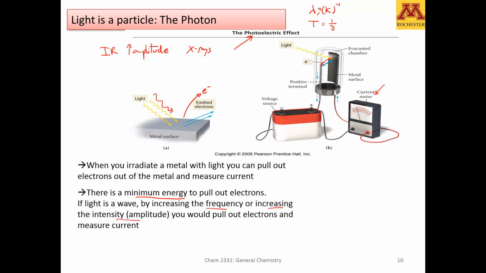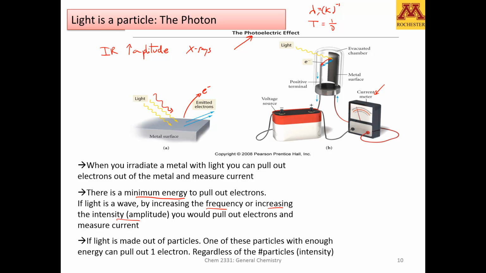That would be the behavior of waves. However, that's not the behavior that this experiment shows. The experiment shows that only through frequency, not through amplitude, you can create current.